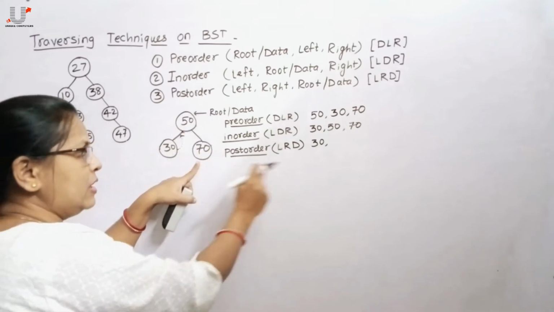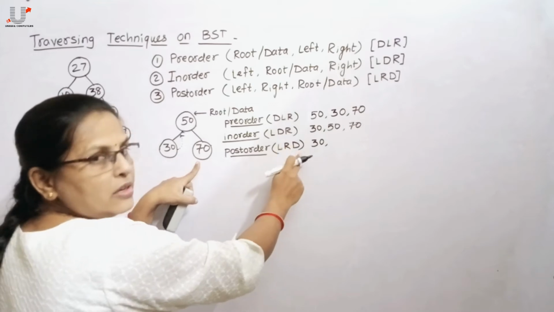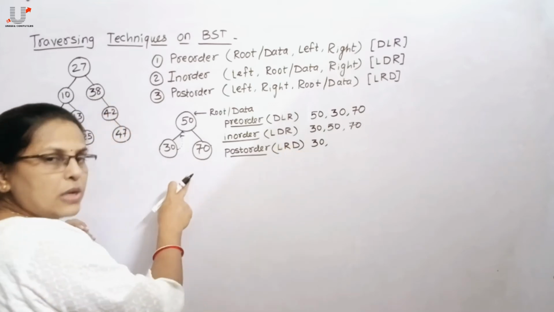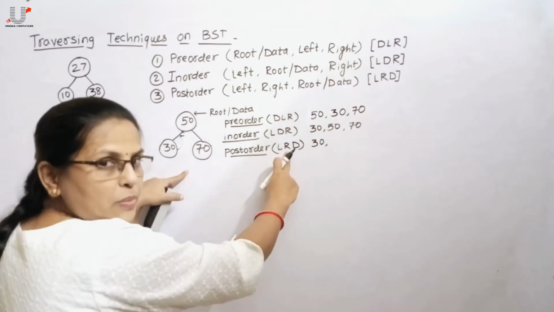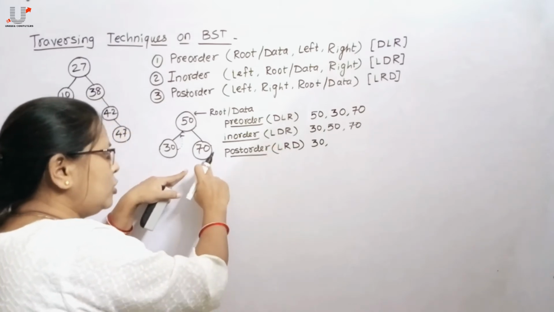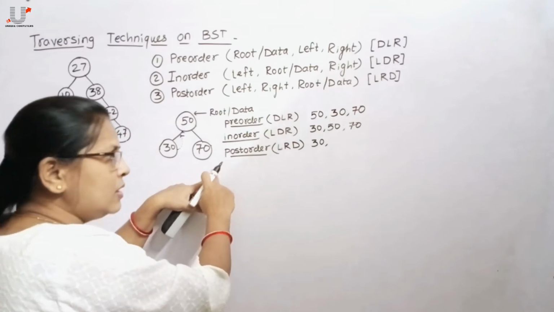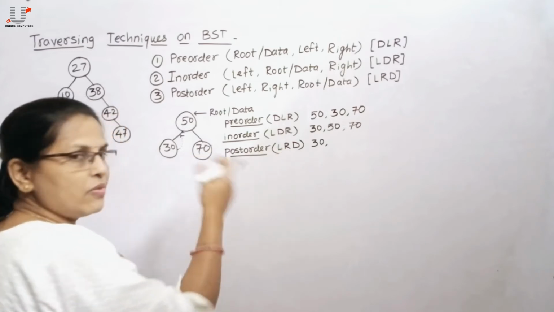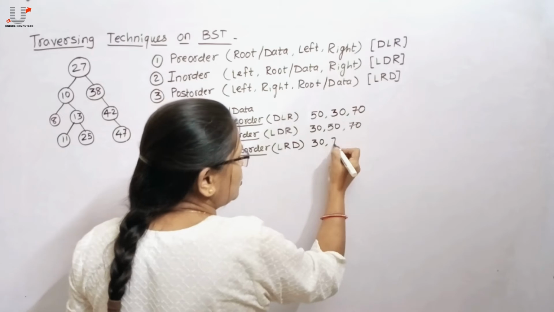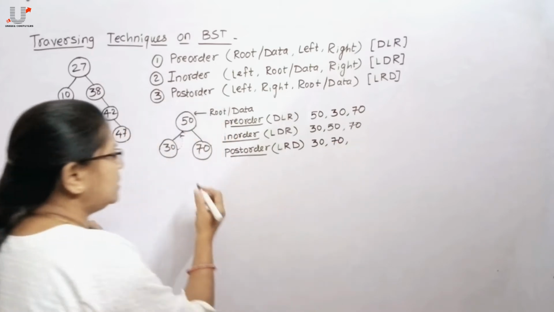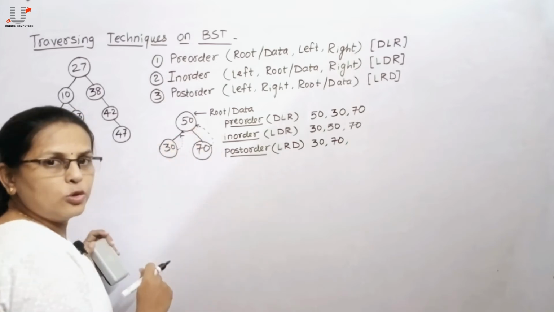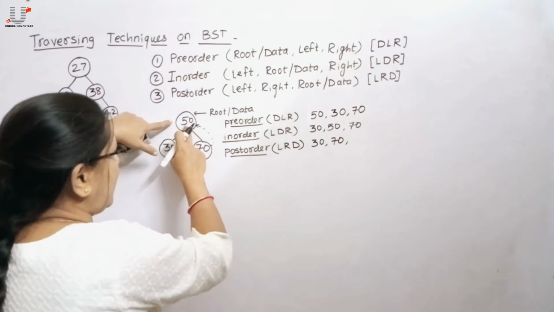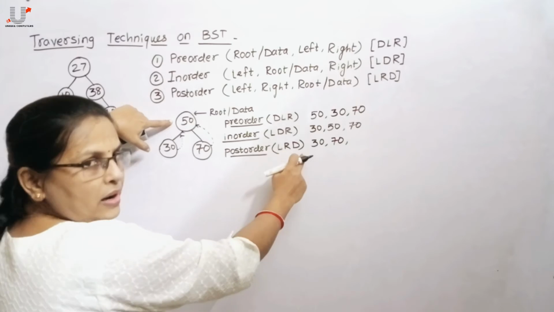Again on 70 apply L, R and D. As no left subtree is present for 70, check whether a right subtree is there for 70. No right subtree is present, so data, that means 70, gets displayed onto the console. Then backtrack to 50 and again apply LRD.